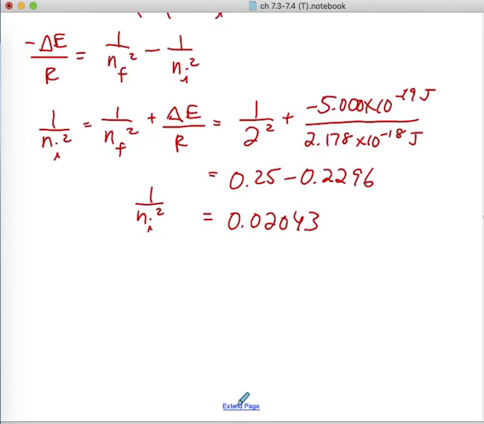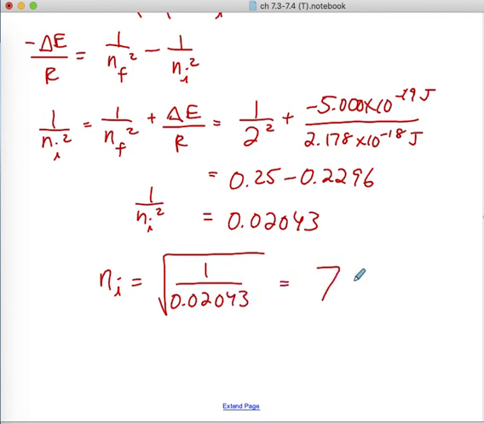So now I will reciprocate and take the square root, and I get that my initial value of n is 1 over the square root of 0.02043, which on my calculator is 7.